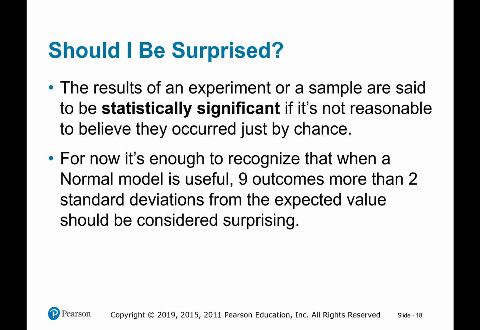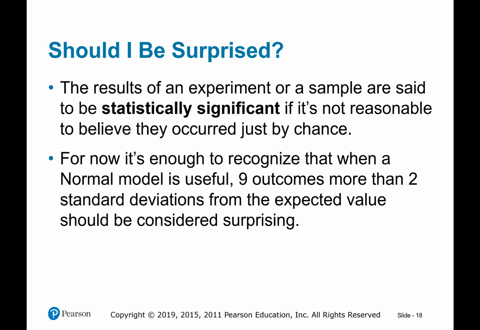All right, for that last one there, we had about a 22% chance of the 1,300 phone calls giving us at least 1,000. So that shouldn't be all that surprising. For now, it's enough to recognize that when a normal model is used, outcomes more than 2 standard deviations from the expected value are considered surprising.